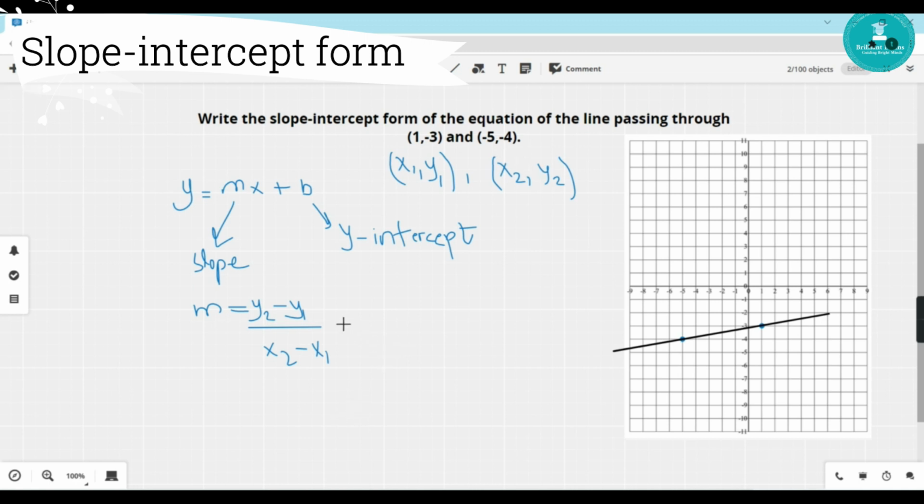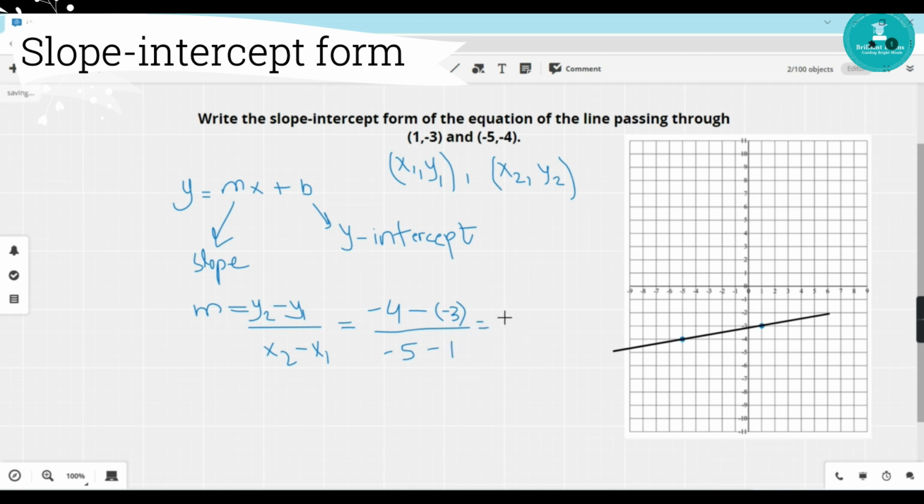Now let's plug in these values in this slope formula. y2 is -4, then minus y1 is minus (-3), a small bracket here because we have a negative number, divided by x2, which is -5, minus x1, a positive number, that is 1.